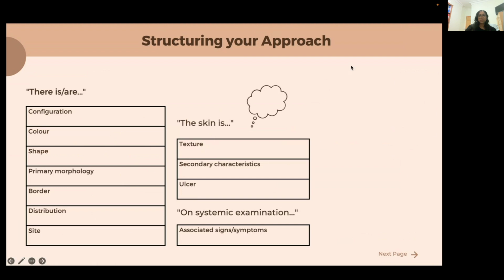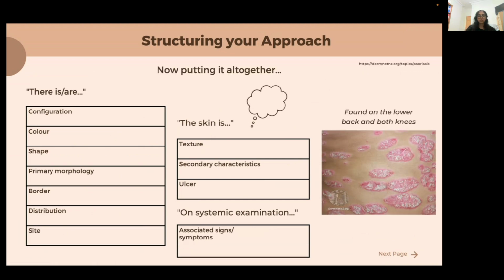So this is the framework that I was talking about before. I'll go through an example of how I would use this framework to describe a skin lesion. So for example, let's say a patient comes in with these lesions, and these lesions are on the lower back and on both of their knees.